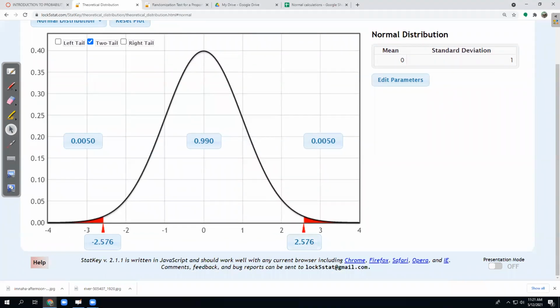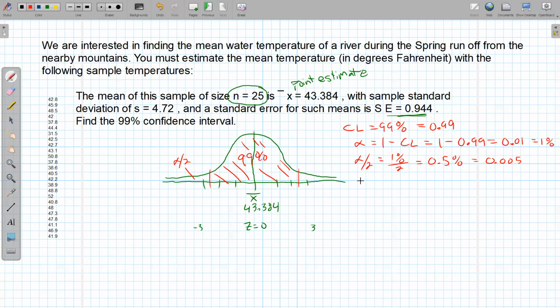Notice the other one is just the opposite of that. So according to StatKey, the critical z-score, the book calls it z star, is 2.576. So that's this guy right there. On the other side, negative 2.576.